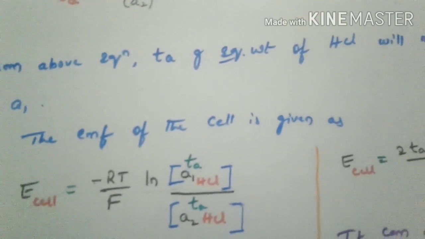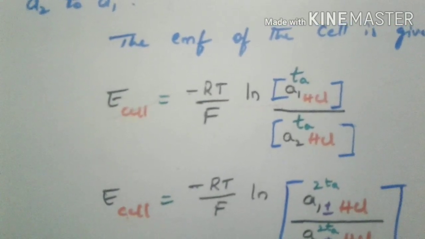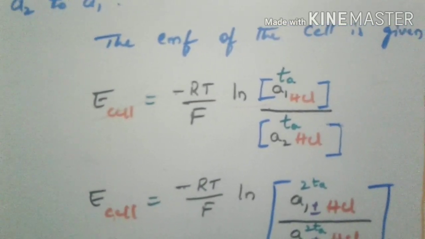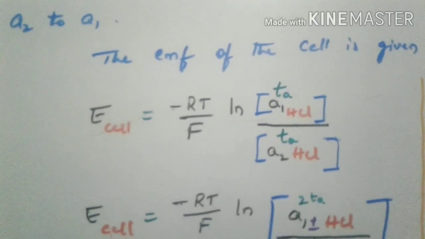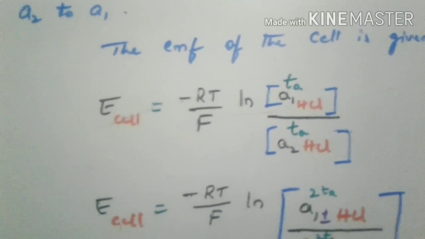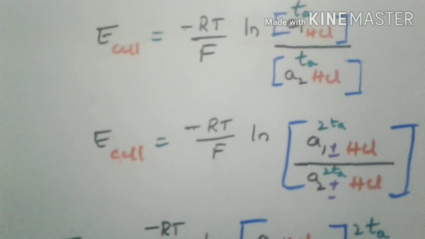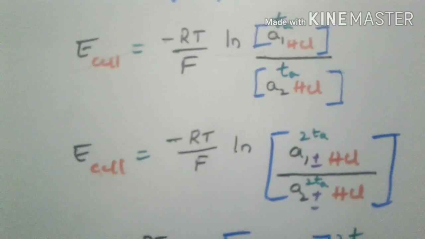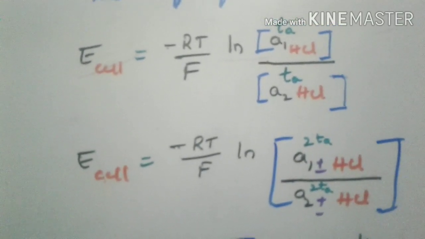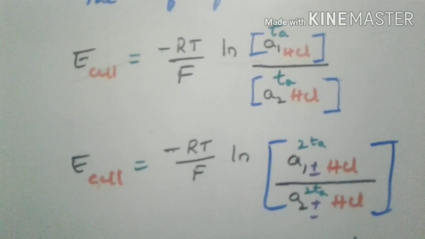Then the EMF of the cell is given as E cell is equal to minus RT by F ln of (A1 HCl by A2 HCl) to the power Ta. Then the expression becomes E cell is equal to minus RT by F ln of (A plus or minus HCl at A1 to the power 2Ta) by (A plus or minus HCl at A2 to the power 2Ta).